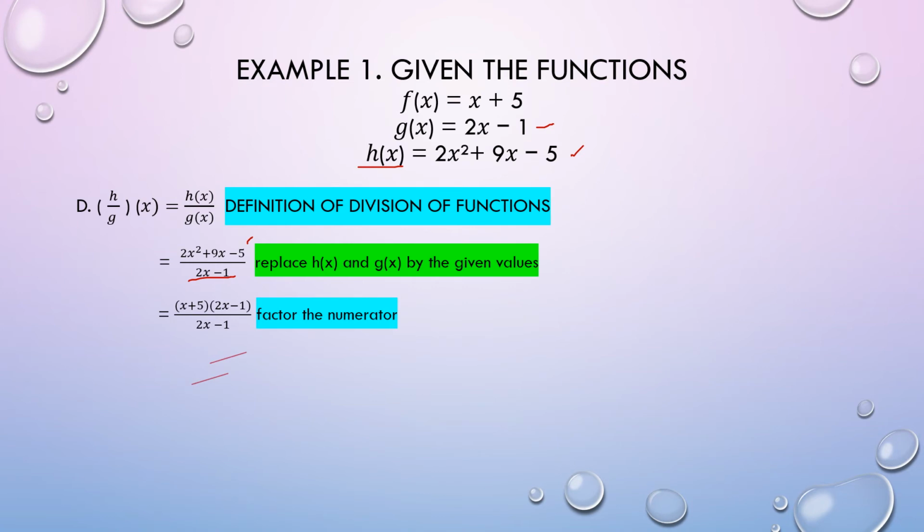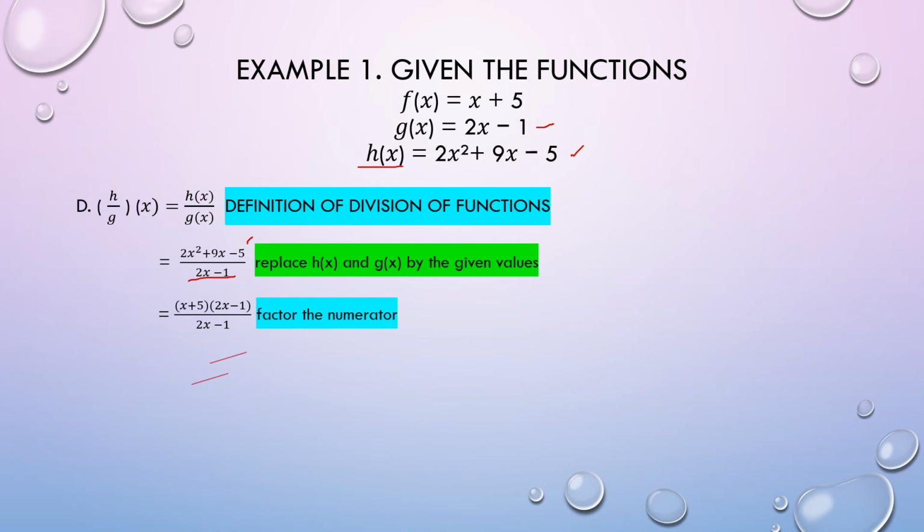Okay, we're going to factor the numerator. So if you can still remember factoring during your junior high school, the factor of 2x squared plus 9x minus 5. Okay? So how do we factor again? This square, what do you call this?